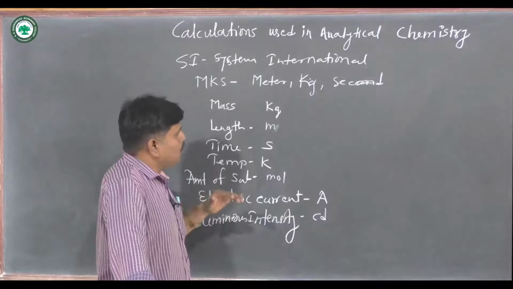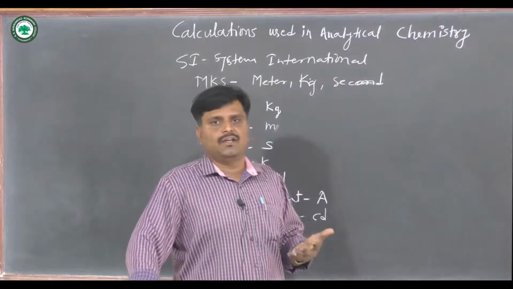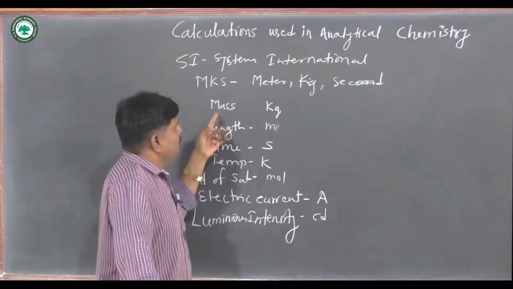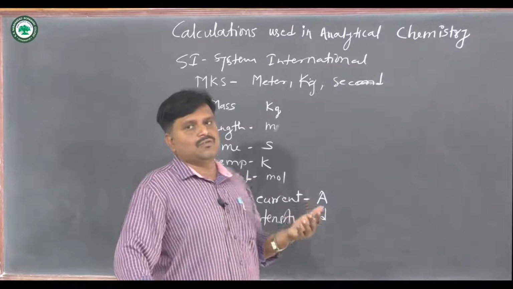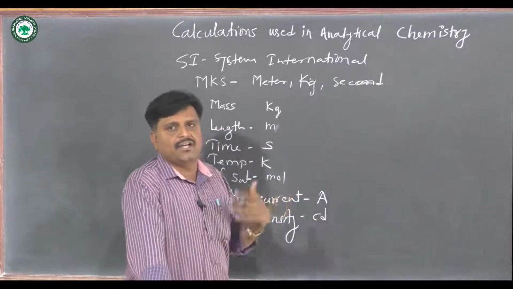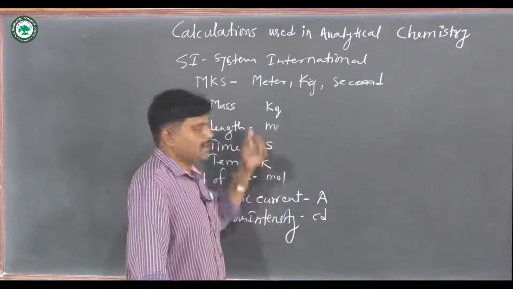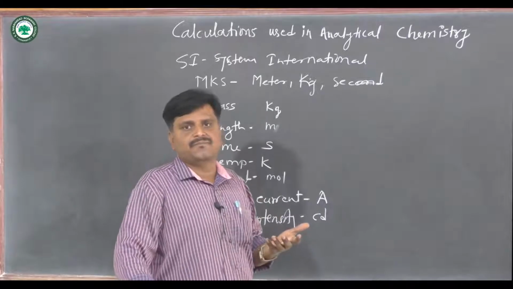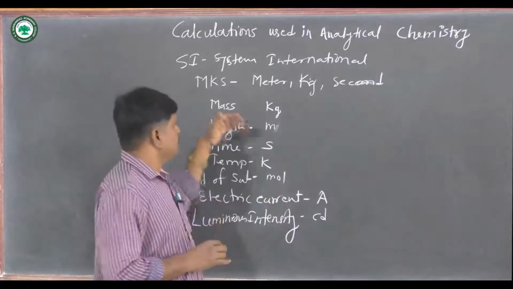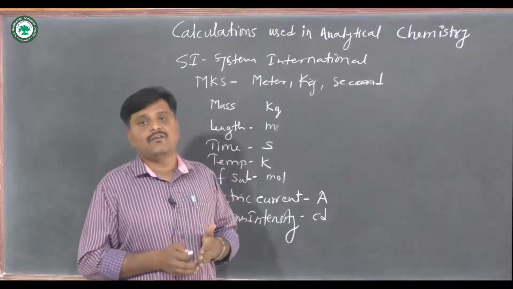These are the basic units we use. From these we can derive further units. In derived units, mass can be converted into smaller units. Suppose a kilogram is converted into grams or micrograms. There are prefixes we use for such larger and smaller derived units.